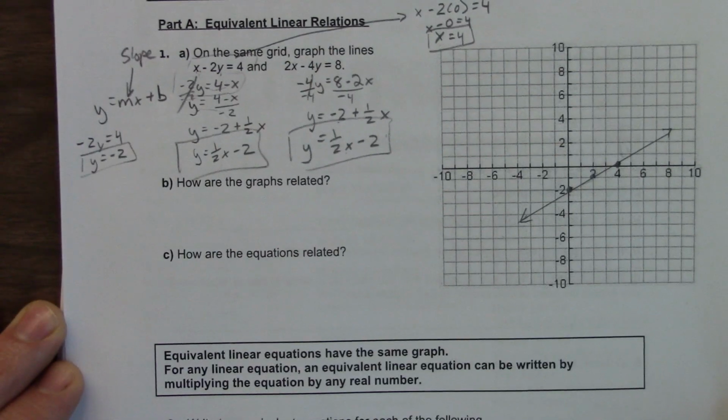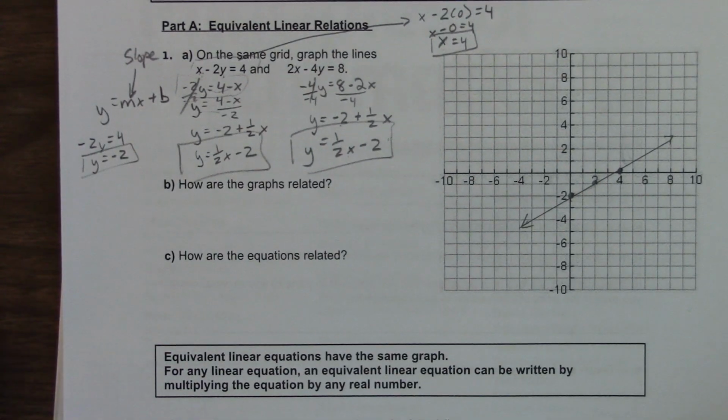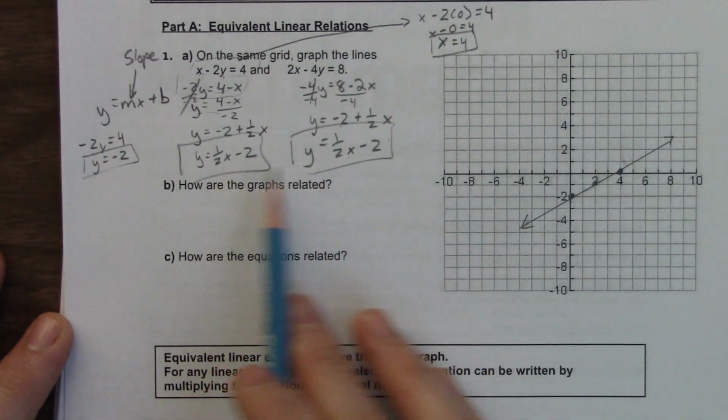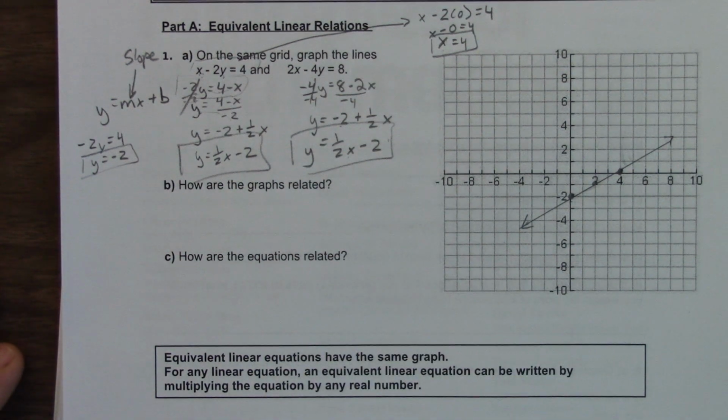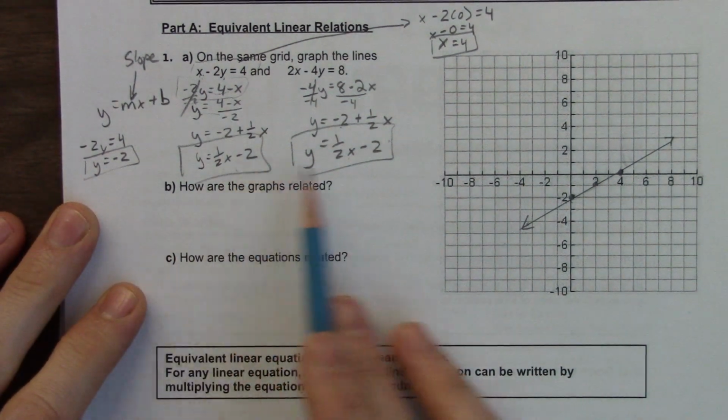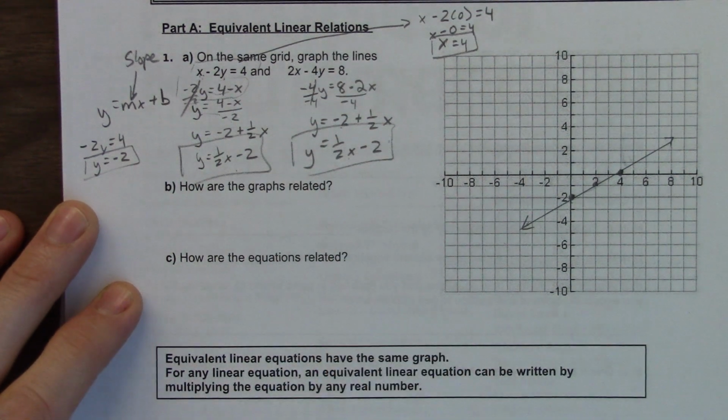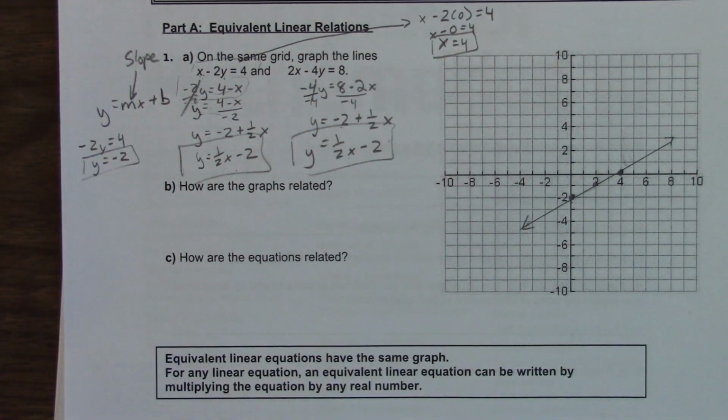Okay, so how are the graphs related? Teodi, how are these two graphs related, these two lines? This line and this line, how are they related? It's not a trick question. Andrew? The same line.